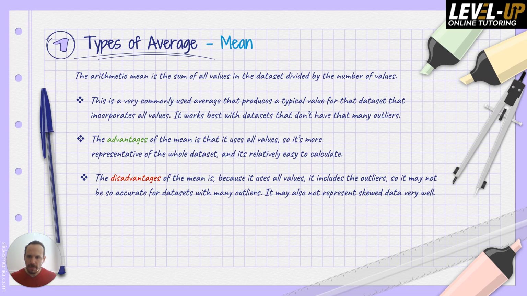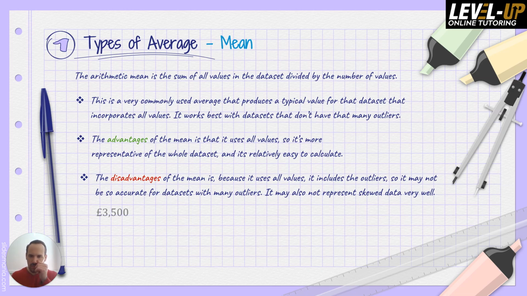So that's something we need to be aware of. It's also not going to represent skewed data very well. If the data is very much skewed in one direction or another, that's going to definitely affect the mean. The mean will shift with that skew, which is something you may or may not want. But I don't want to go too much into that.